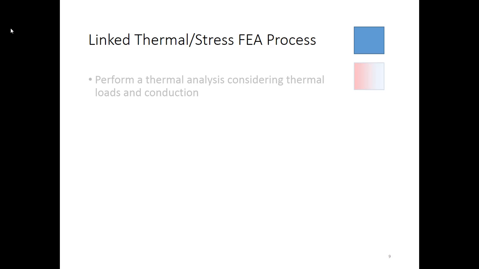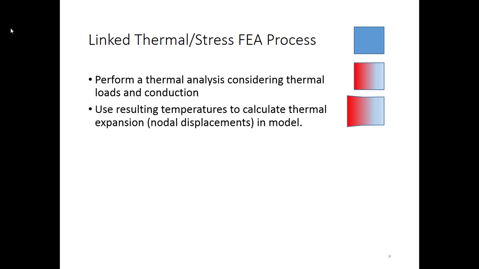So just walking through that real quick, start out by doing the thermal analysis. You completely define your problem in terms of thermal loads and conductivity and so on. And then in addition, you're going to have defined upfront the material properties for stress analysis and any physical loads that are applied to the problem.